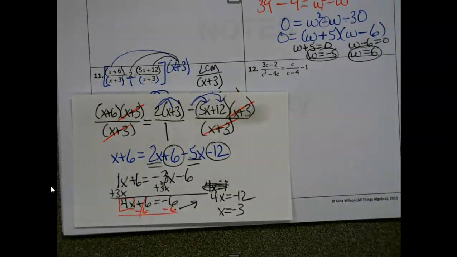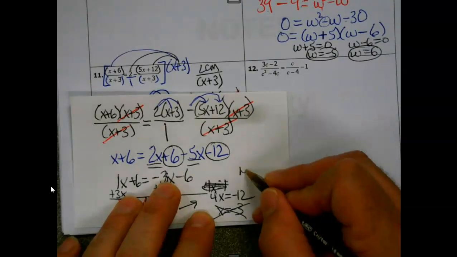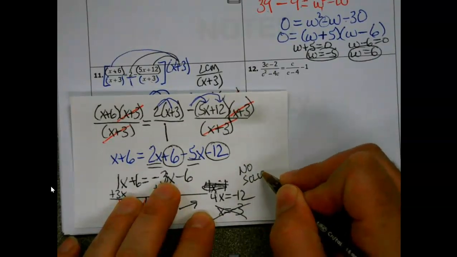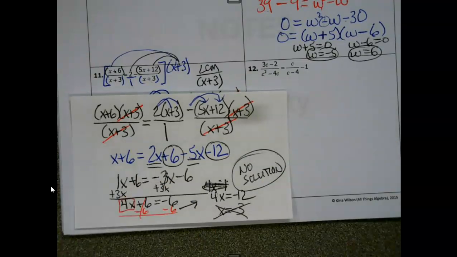Oh, we may have a first. If I take negative 3 and I plug it back into the denominator, negative 3 plus 3 is 0. You can't divide by 0. It's undefined. That answer does not work. Our first no solution. That's about as often as they happen.